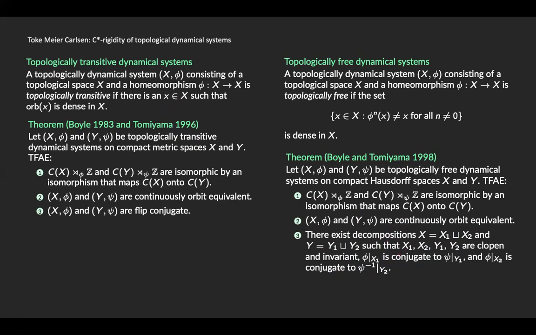I mean, either X1 is empty or X2 is empty, and the same with Y1 and Y2. So in the topologically transitive case, this theorem is exactly the previous theorem. So this is really a generalization of the previous result.